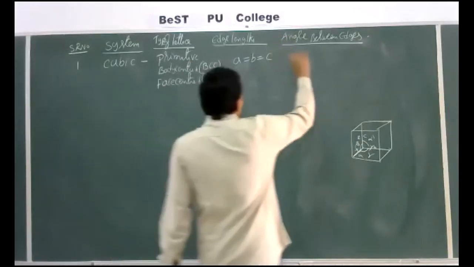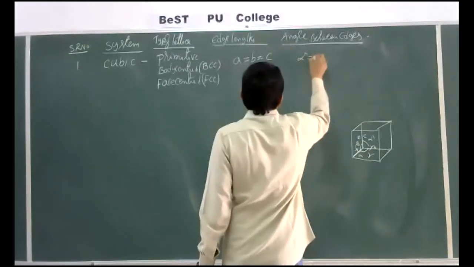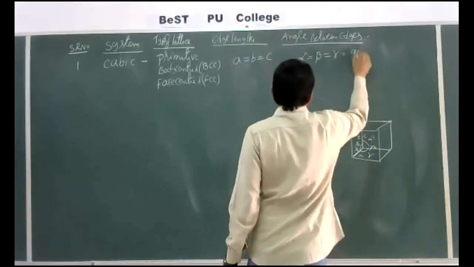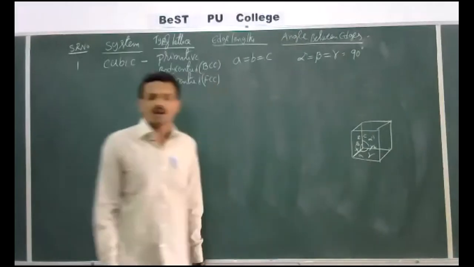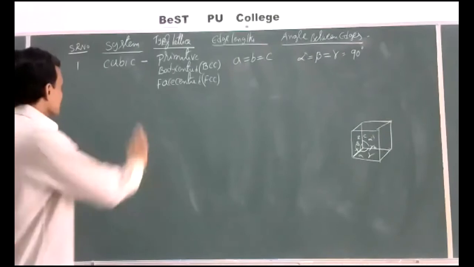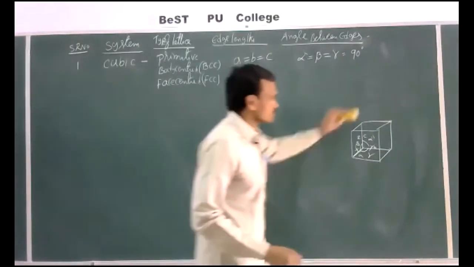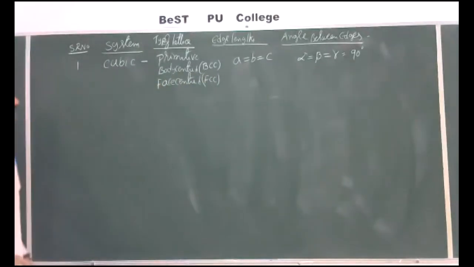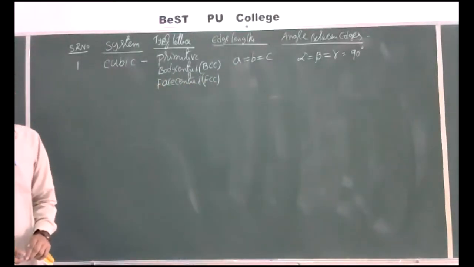So here, angle between the edges is alpha is equal to beta is equal to gamma is equal to 90 degrees. All angles between all edges are exactly identical. This is a cubic system. Later I'll show you on the screen clearly. So this is first one, cubic system.